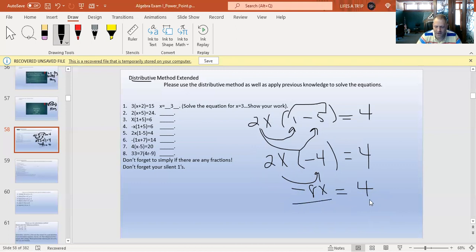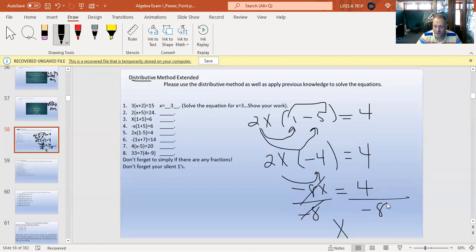All right, and take this number, negative 8, and apply it to both sides. Cancel, and x equals, we can't divide these or else we're going to get a decimal. But we can simplify.